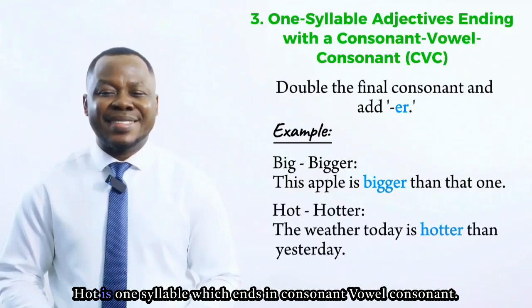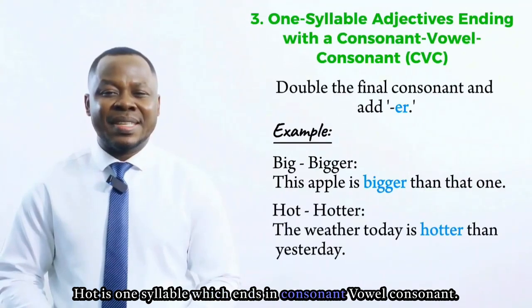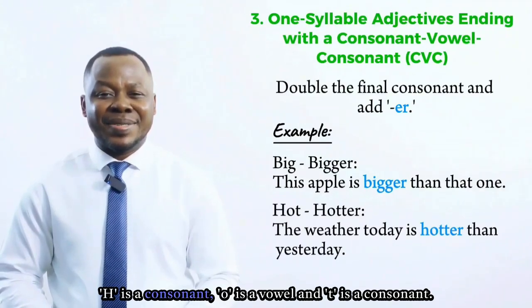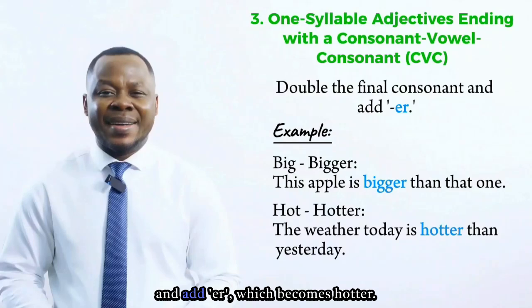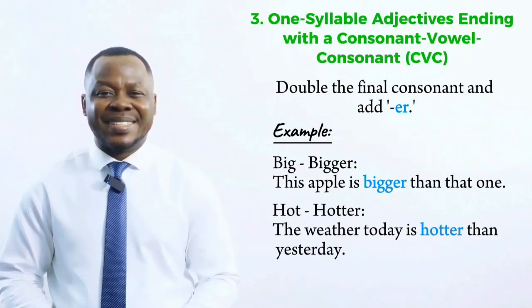Hot is one syllable, which ends in consonant-vowel-consonant. H is a consonant, O is a vowel, and T is a consonant. In the comparative, we double the T and add ER, which becomes hotter.